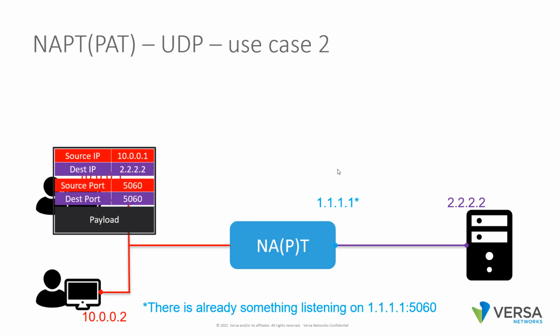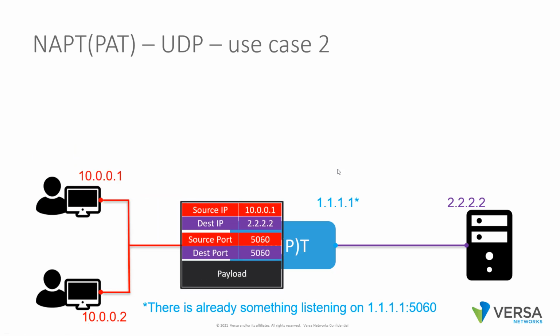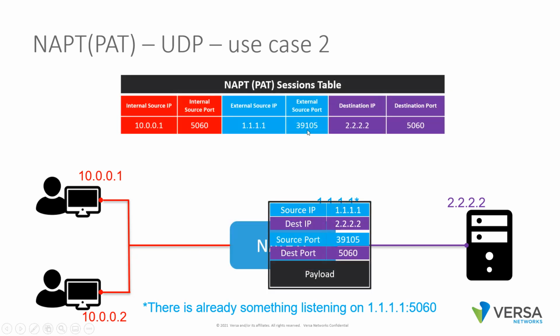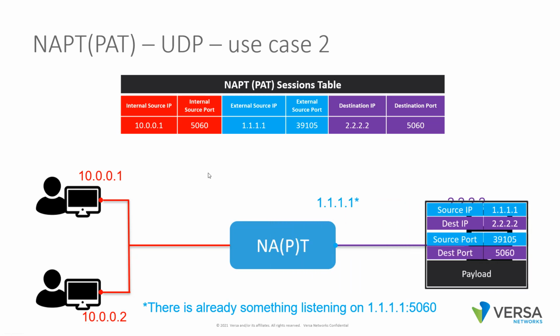If the internal device tries to establish a connection, the translation table will work exactly as for TCP traffic. It will just choose a random source port to do the translation. And once again, this is only when there is already something listening as a service on the NAT device. So the translation is going to happen very similarly to the way it happens for TCP traffic.